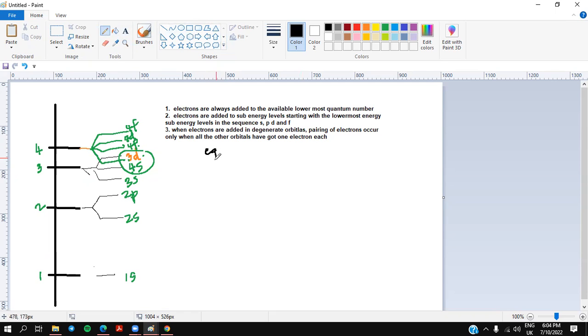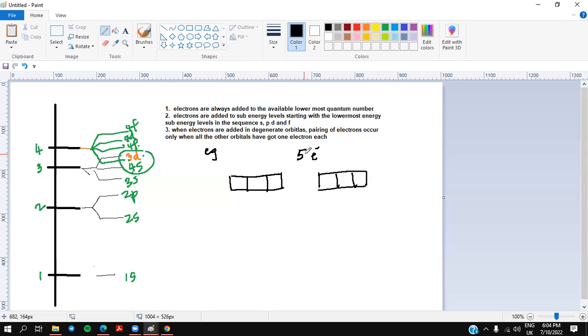Example. See, this is a degenerate orbital set. 3 orbitals. I have 5 electrons to add into this. I will draw another degenerate orbital set here.